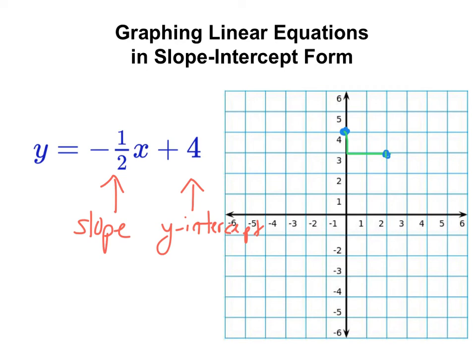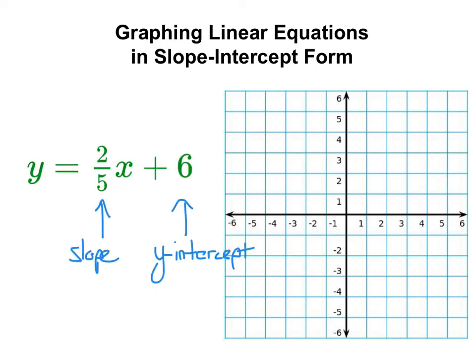I could also rise 1, since I have enough room. If I rise 1 and run 2, I could put a point there as well. Now I can just connect my dots and make a line, and look, I'm all done.